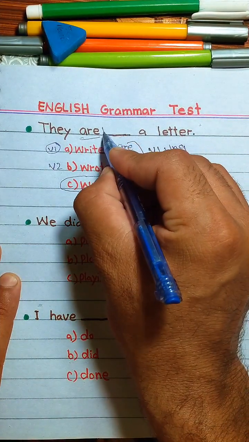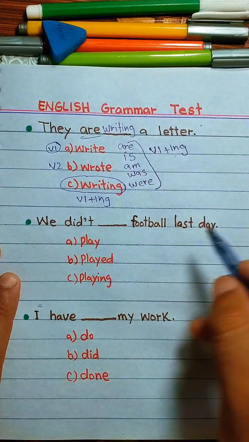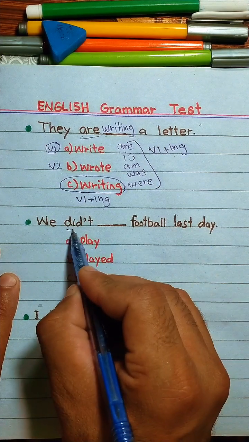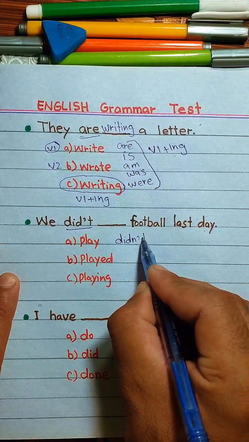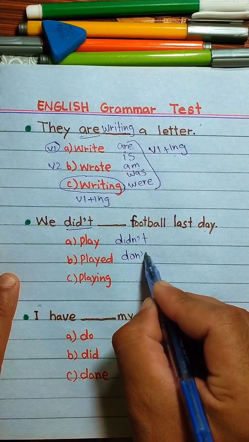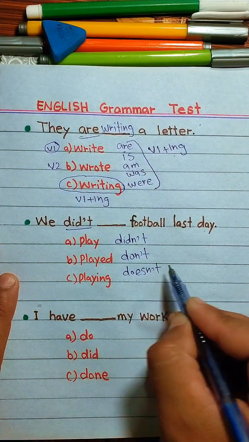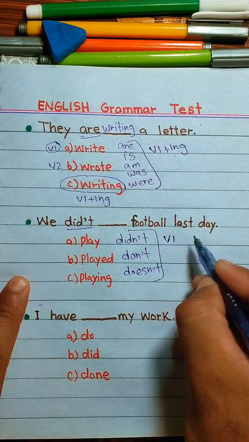They are writing a letter. Next, we didn't dash football last day. The keyword here is didn't. If we have didn't, doesn't, and don't, these helping verbs are followed by V1.